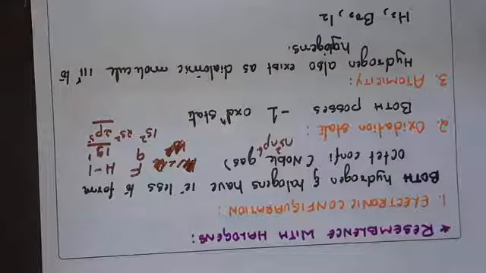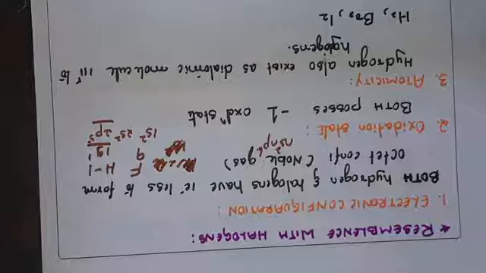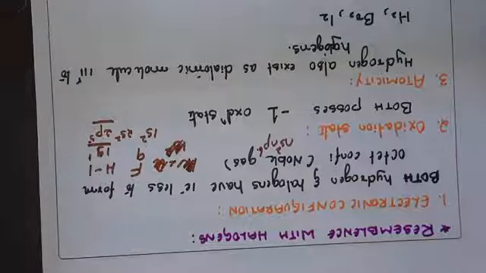These are some of the resemblances of hydrogen with halogens. Due to these resembling characteristics of hydrogen with alkali metals and halogens, the position of hydrogen has become quite controversial. So, hydrogen has been placed separately in the periodic table.